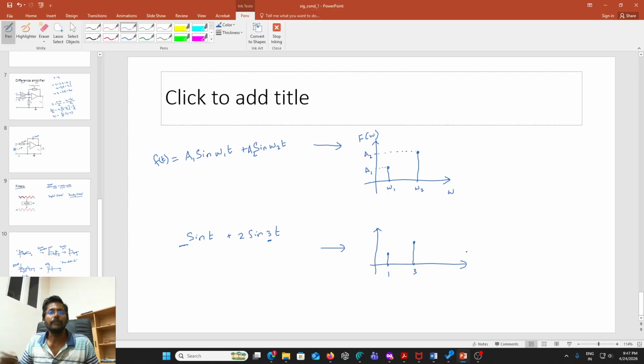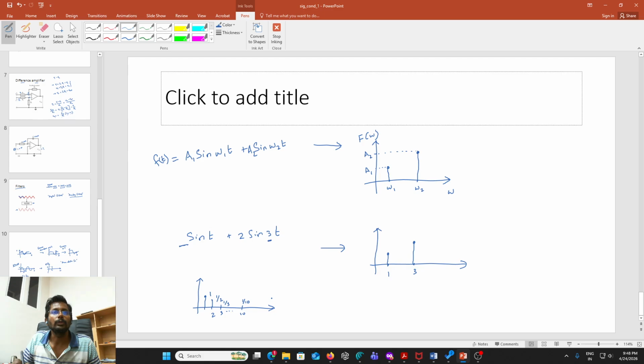Fine. So as an exercise, I will ask you this one. Let's say at 1 the amplitude is 1. At 2 the amplitude is 1 by 2. At 3 the amplitude is 1 by 3, and it keeps on going, up to 10 where the amplitude is 1 by 10.